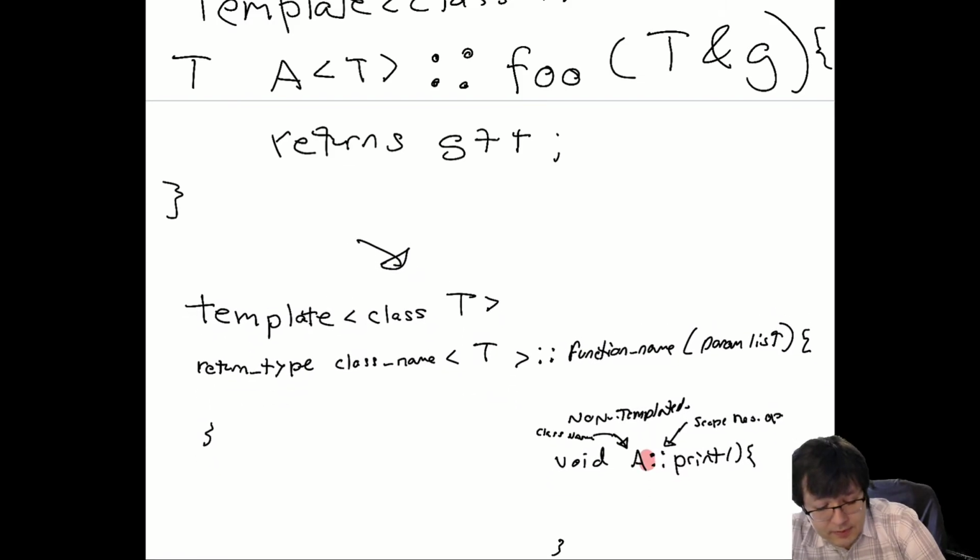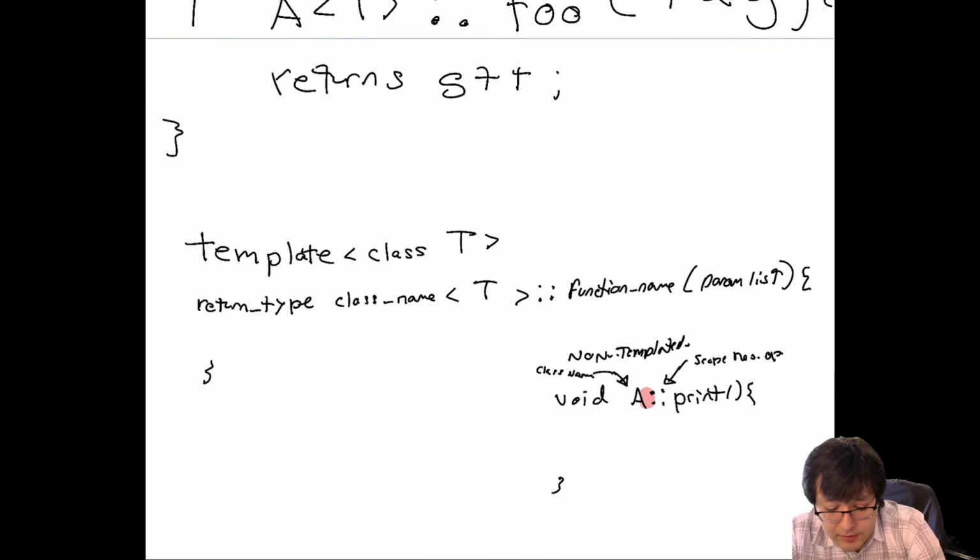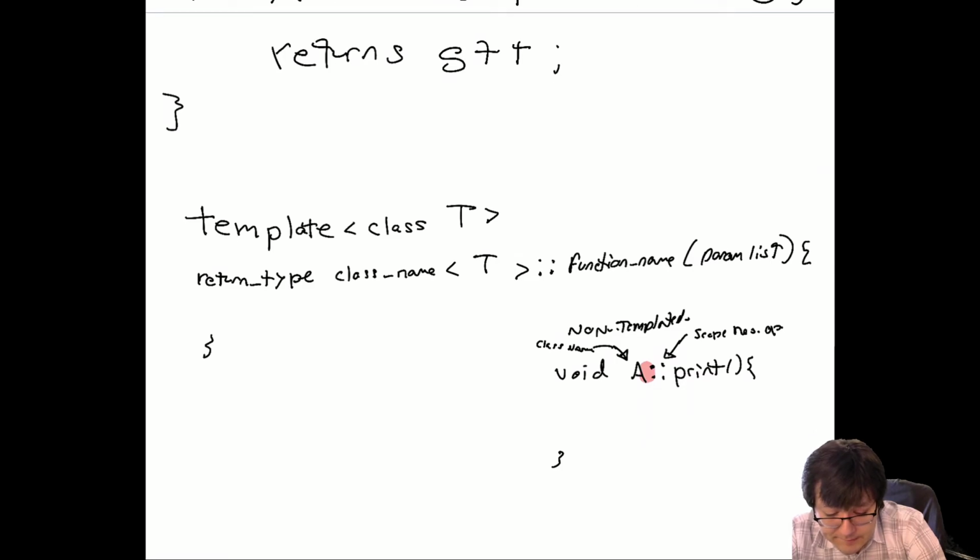As a reminder, you write the word template, you put class type, and then you put in the return type, as you can see there. You put the class name, you put the less than T greater than, colons, the function name, the parameter list, and then you put the body of your function. This is compared to the non-templated version, which is the bottom one.